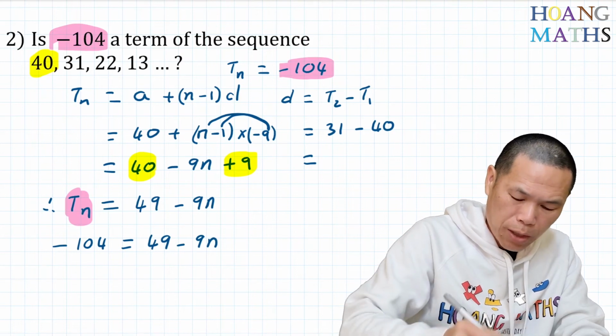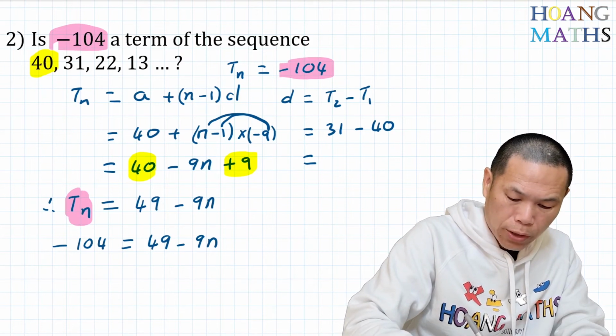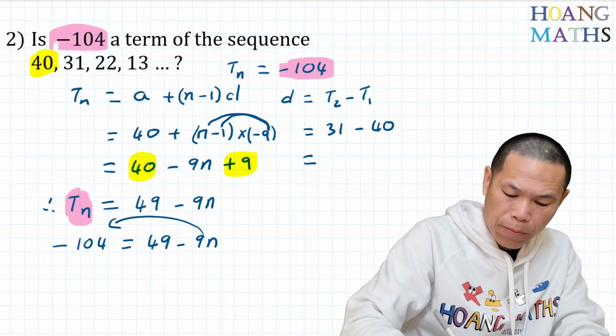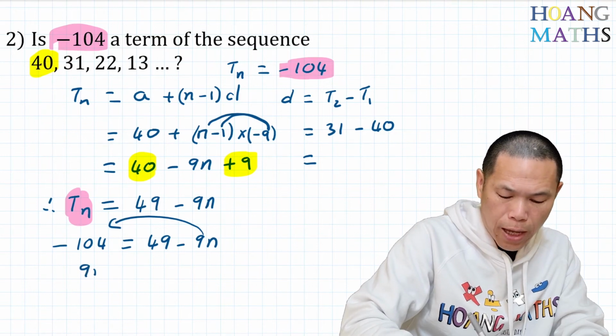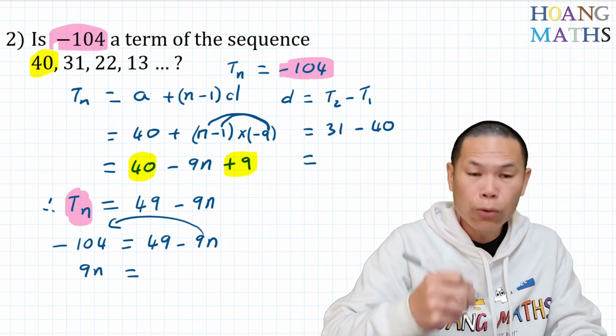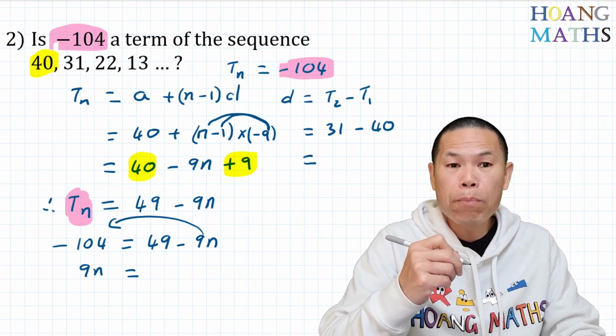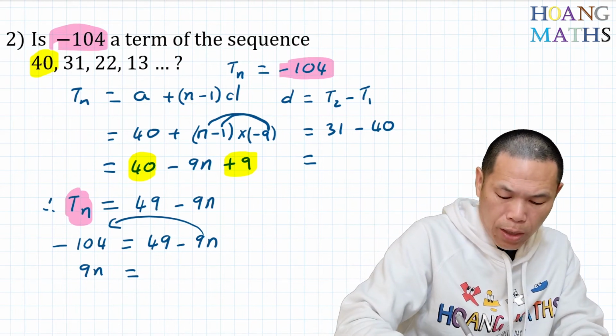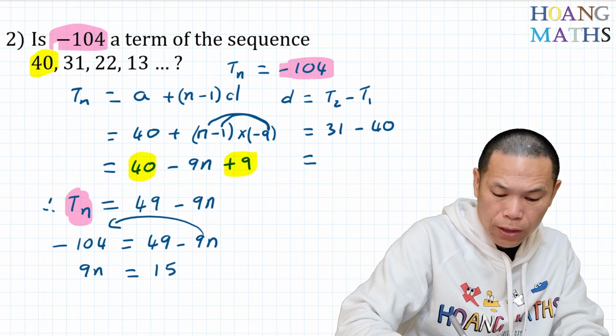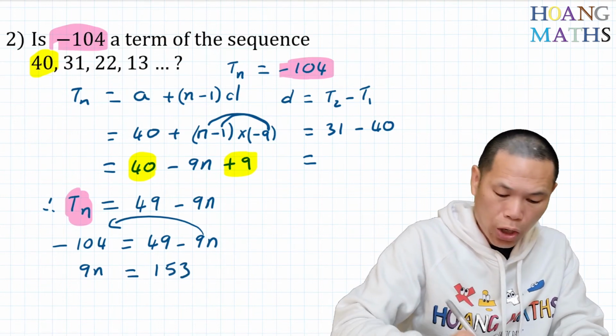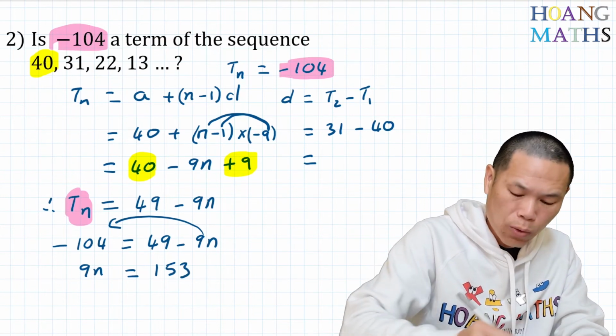Now that gives me positive, because it moves to this side and becomes positive. So 9n is equal to 104 plus 49, which should give me 153. Now we divide by 9 because I want to solve for n.